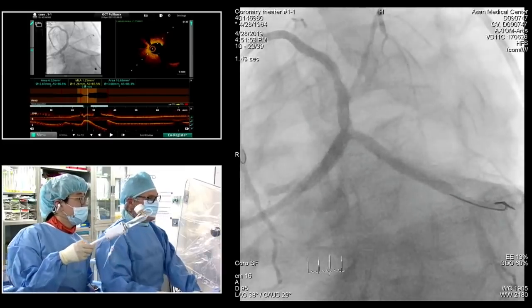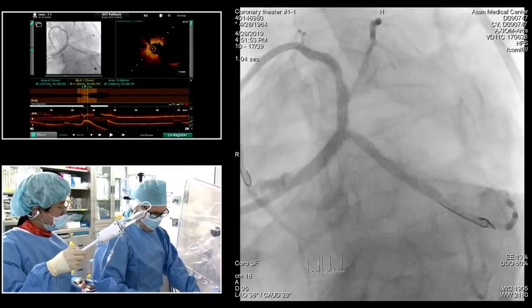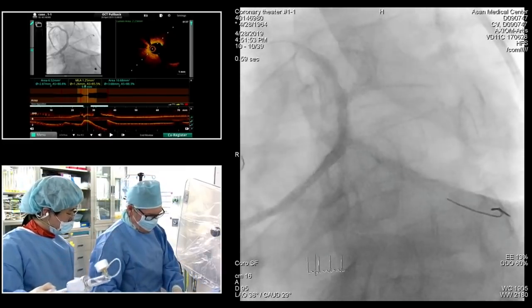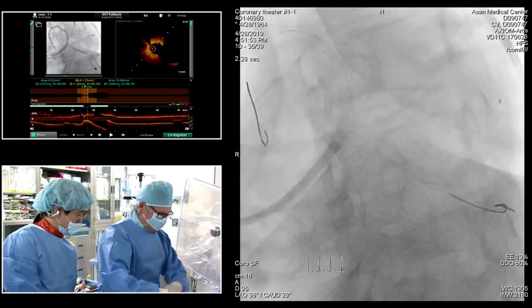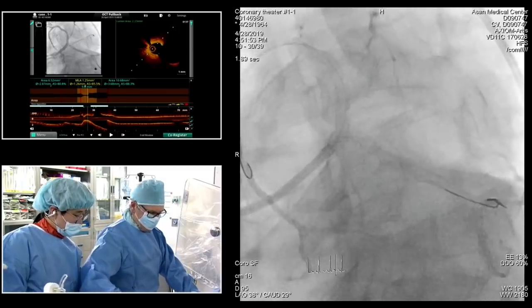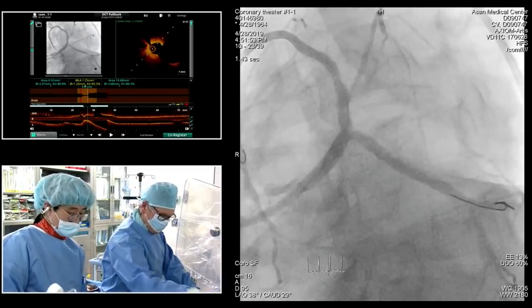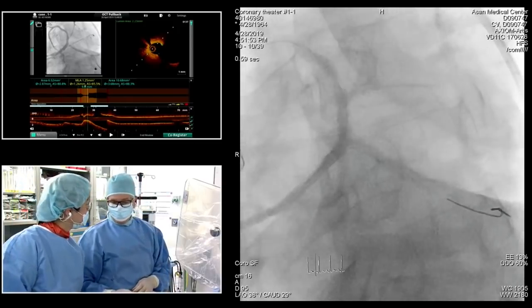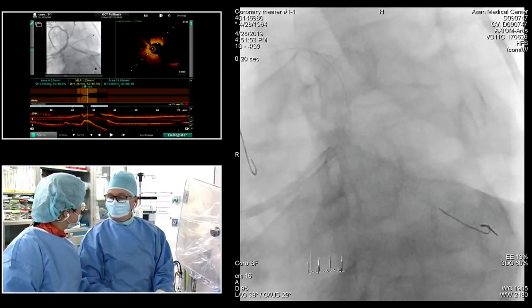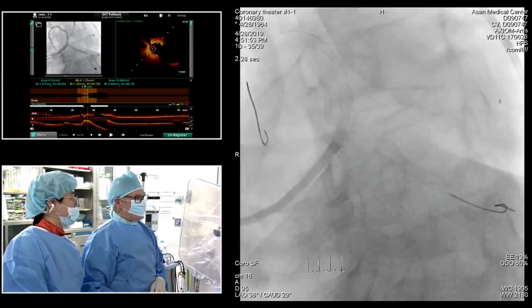Second point is that for any kind of in-stent restenosis, we have to identify the etiology. For this patient, I highly recommend using at least a 4.5 or even 5 non-compliant balloon to dilate from the very proximity of the ostium to the left main, to make sure of complete crush.